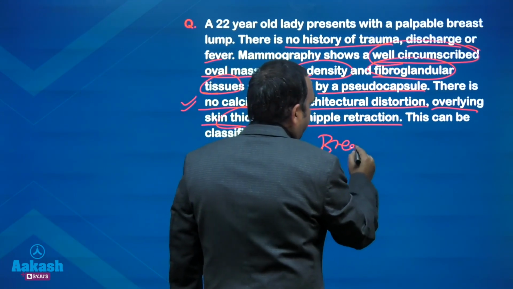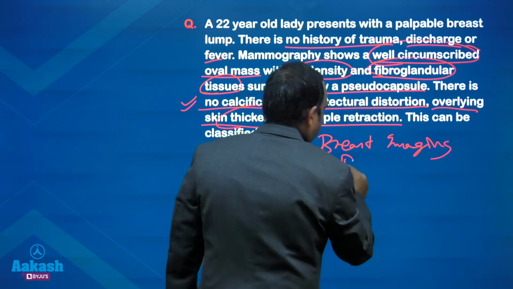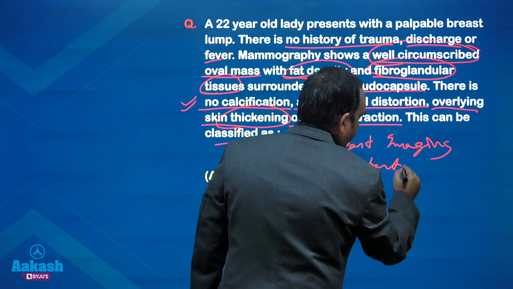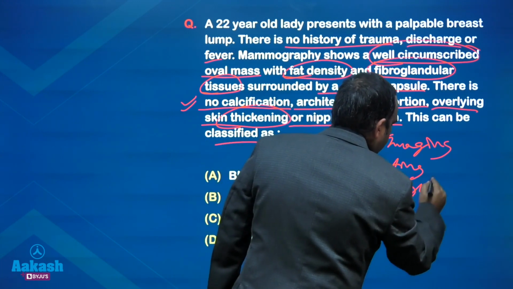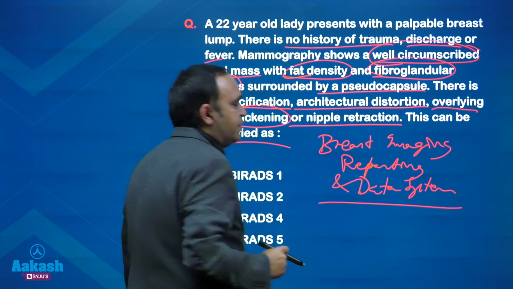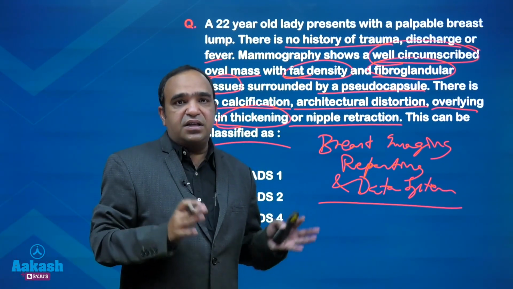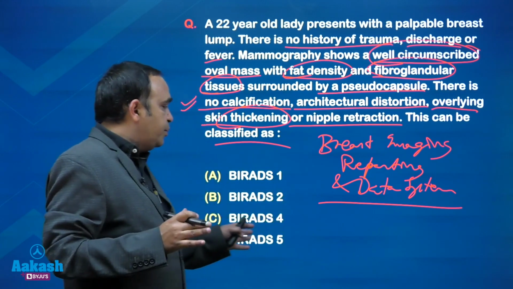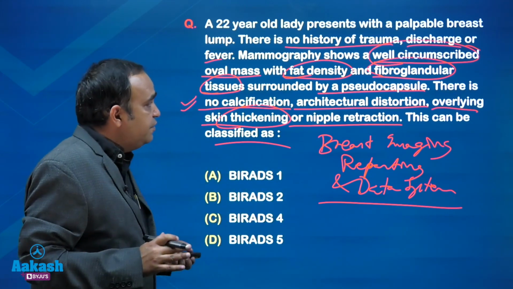BI-RADS is Breast Imaging Reporting and Data System. So basically based on mammographic findings or ultrasound findings, the findings are described by the radiologist as one of the BI-RADS classes. Now that gives you an idea about the nature of the findings.